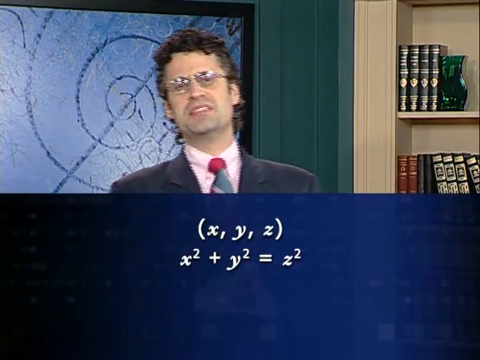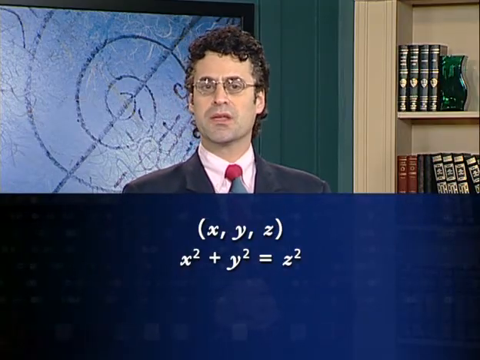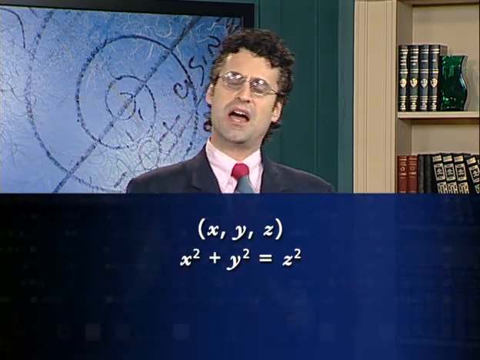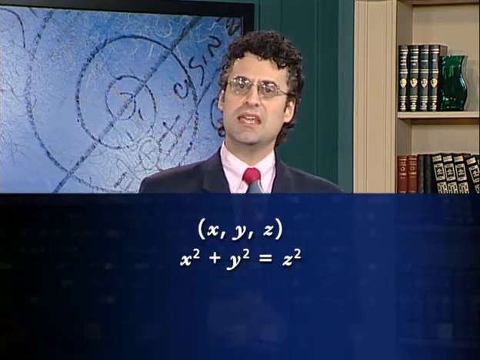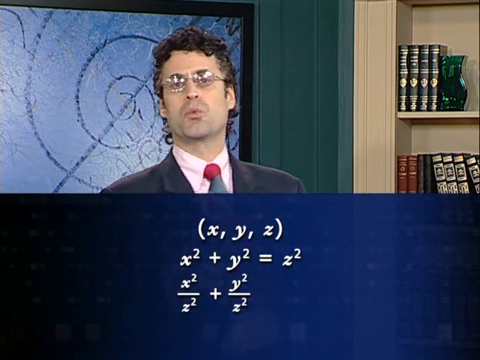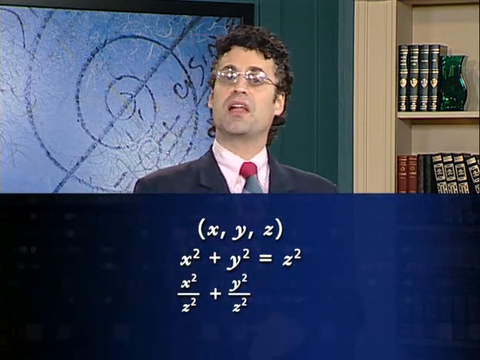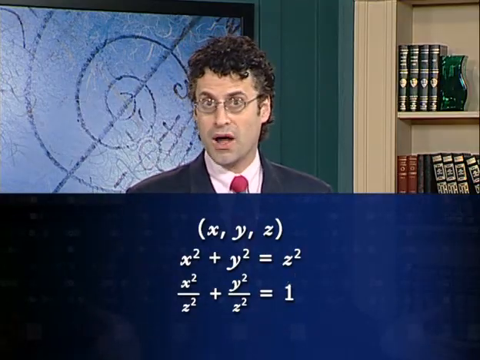Now, since z is not equal to 0, because z, after all, is a natural number, we could actually divide both sides by z squared. If we do this, we would see on the left x squared over z squared plus y squared over z squared, and on the right, z squared over z squared, which is just 1.